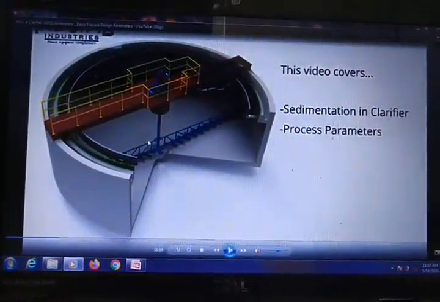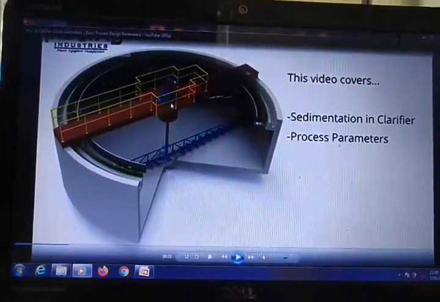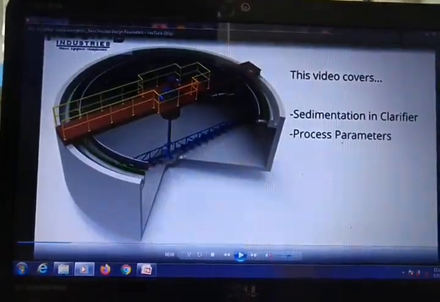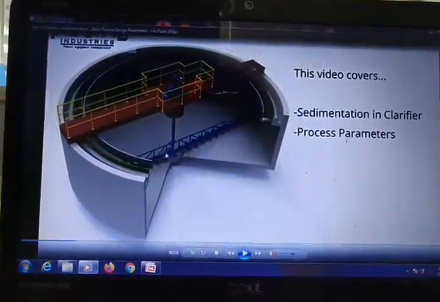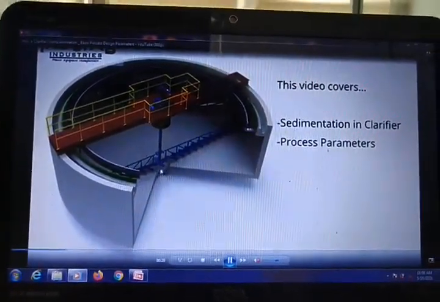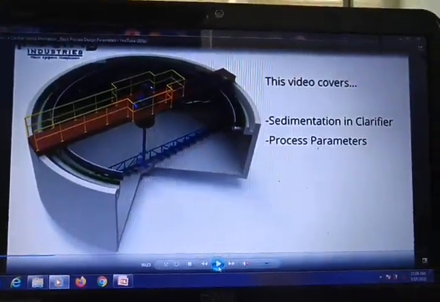As you can see here, this is the walkway which I was talking about, and this is the drive unit, and this is the shaft, and at the bottom you can see the scraper mechanism, and here you will see the sludge pit to collect the sludge from the bottom.